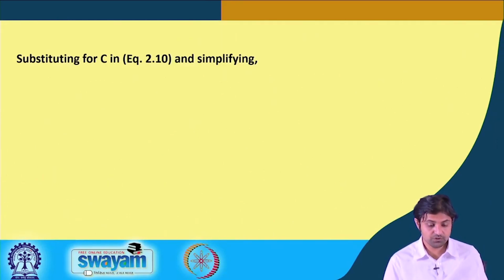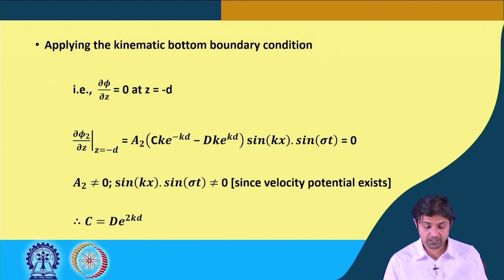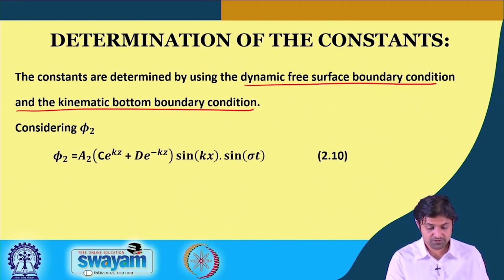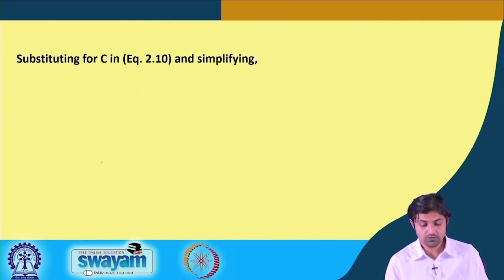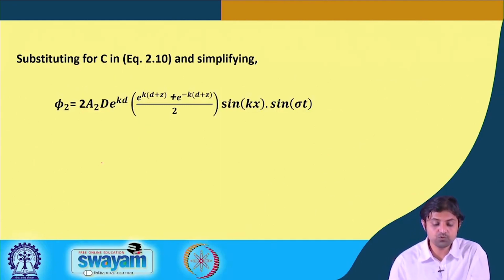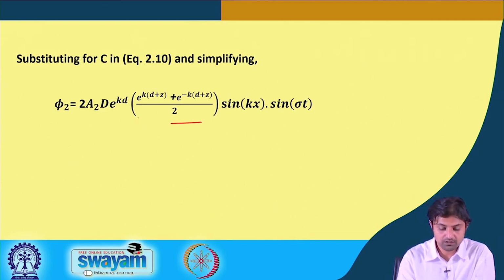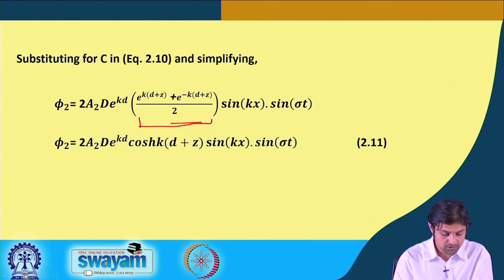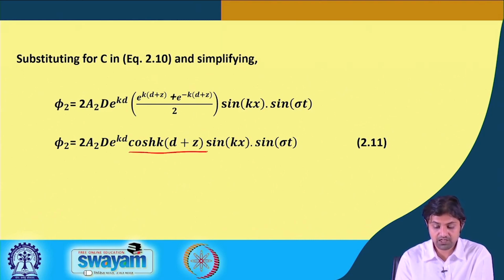Now, if we substitute for C in equation 2.10, so instead of C we put d e to the power k d, we are going to get phi 2 is equal to 2a2 d into e to the power k d into sin kx sin sigma t, or simply we can write this is nothing but cosh k(d plus z).